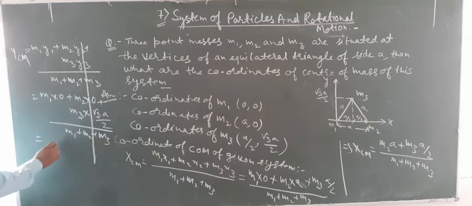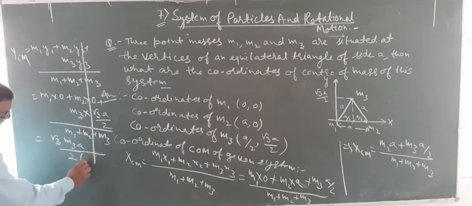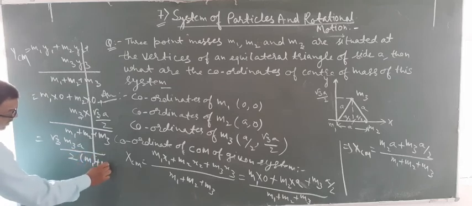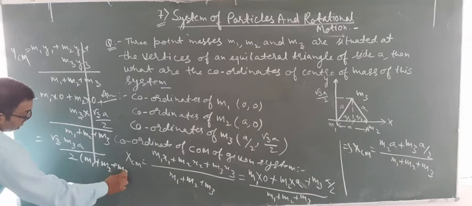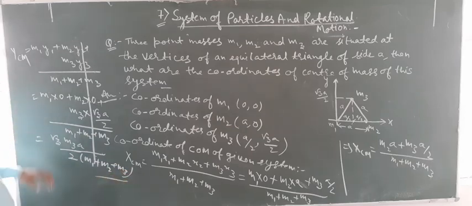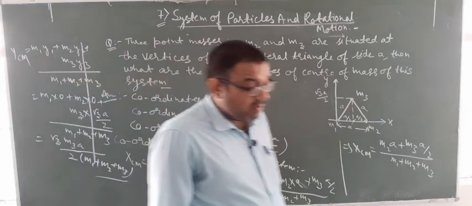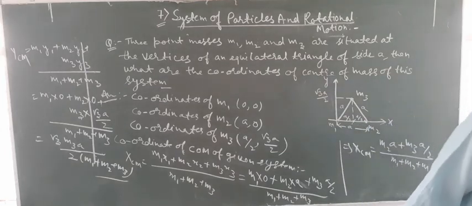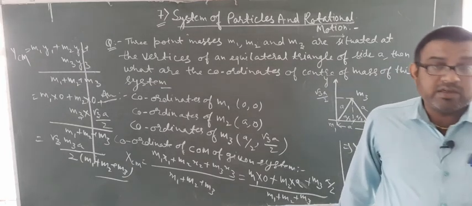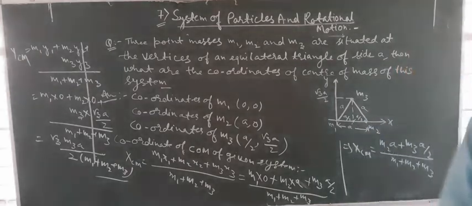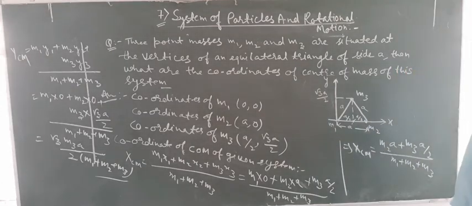So it is equal to root 3 M3 a by 2 into (M1 plus M2 plus M3). This is the coordinate YCM, and these are XCM and YCM for the center of mass.